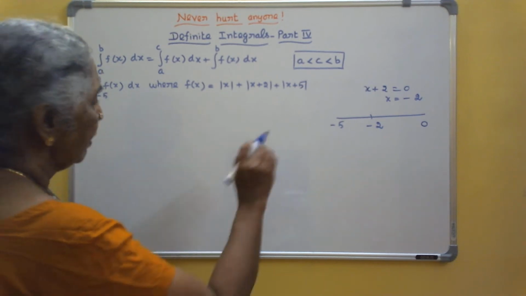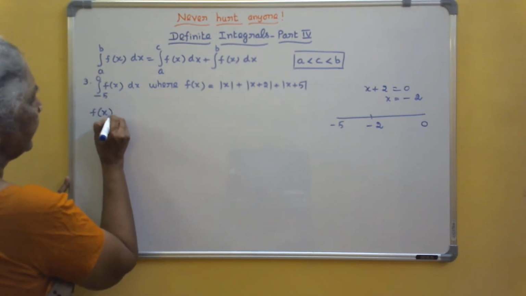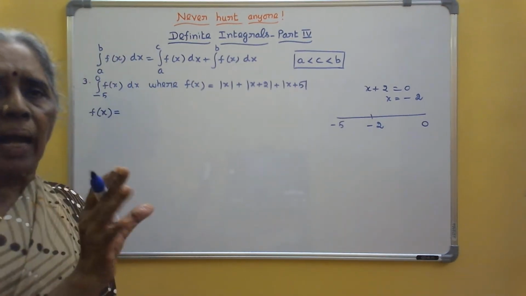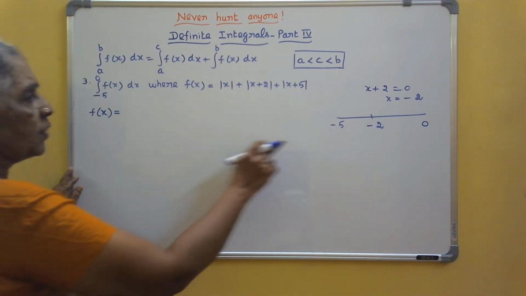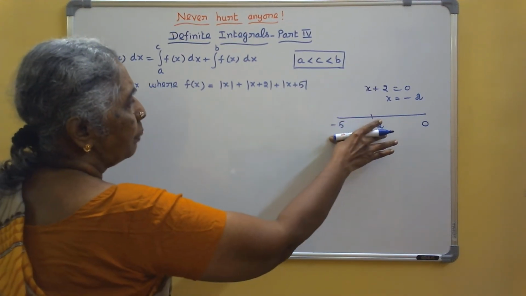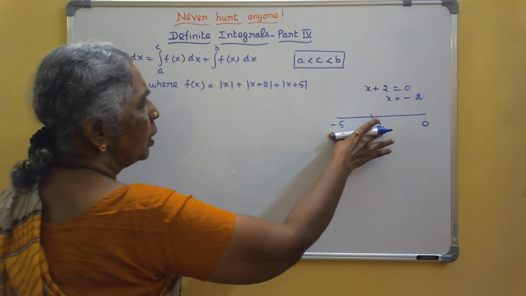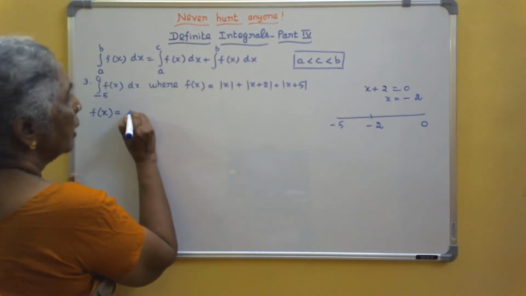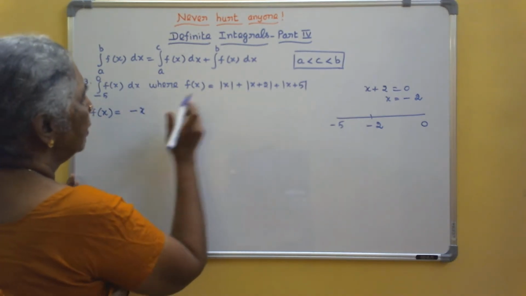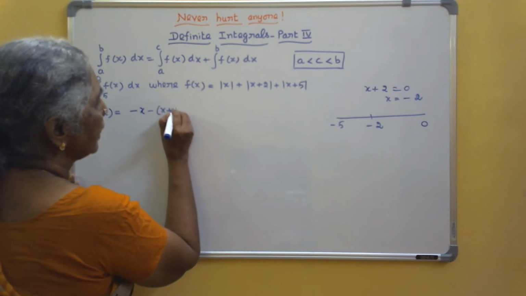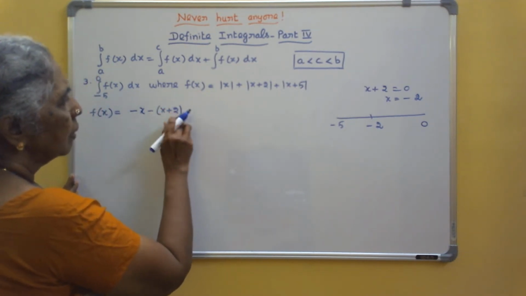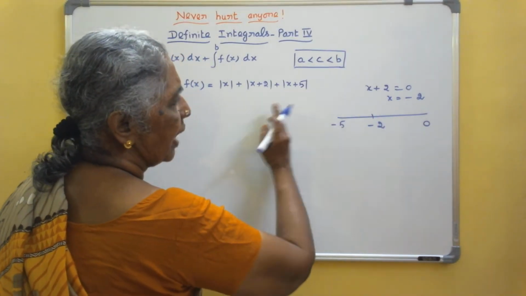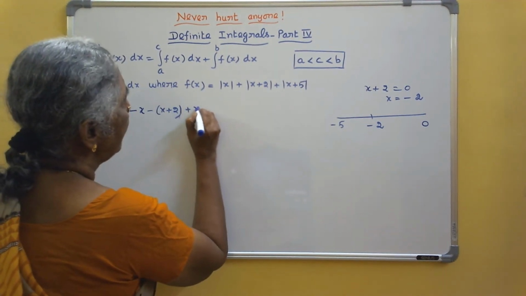So now I will write f of x is equal to, okay? Since it is not just one modulus, I will write my f of x clearly, for this interval. That means it is lesser than minus 2, so definitely lesser than 0 also. So here I will get a minus x. Okay? Here I will get a minus of x plus 2. Okay? Here this is greater than minus 5, here there is nothing less, so that will be positive for me.